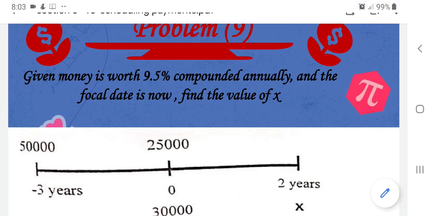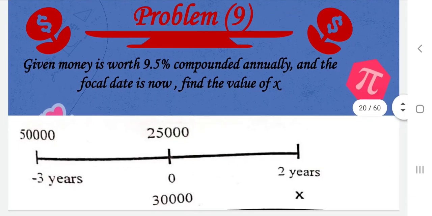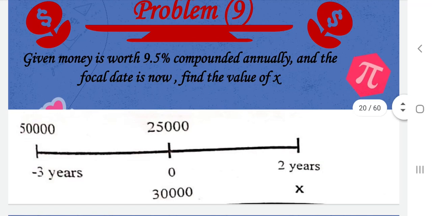Problem number 9. Given money is worth 9.5% compounded annually, and the focal date is now. Find the value of X. Note that in time diagram, there is a positive value and a negative value. A positive time and a negative time.